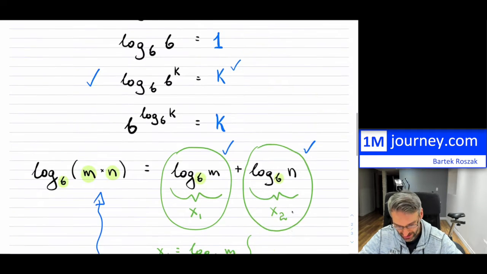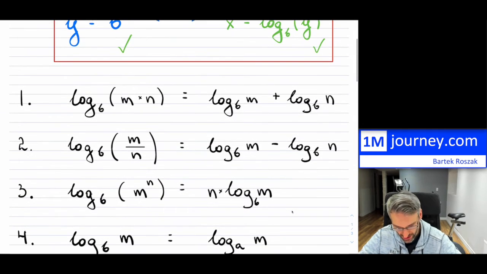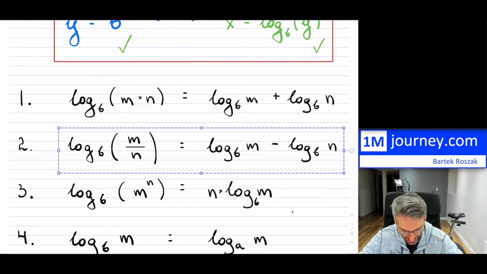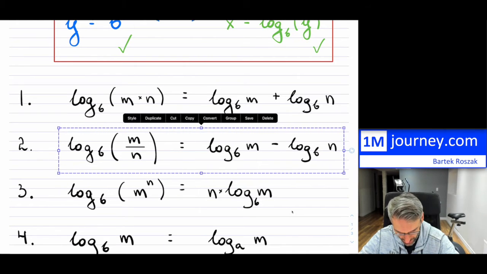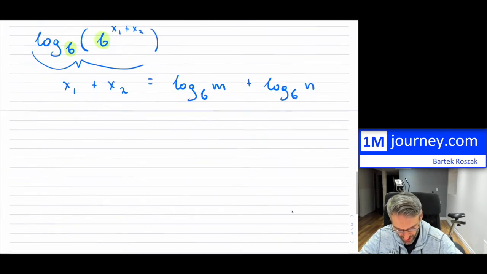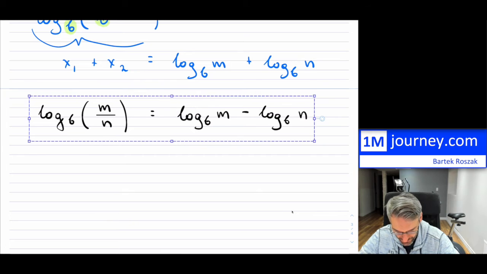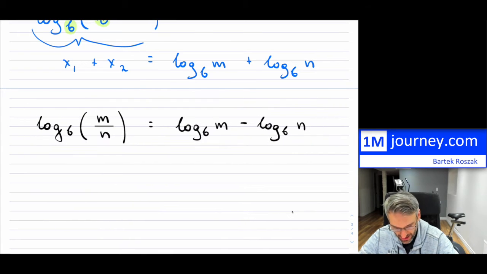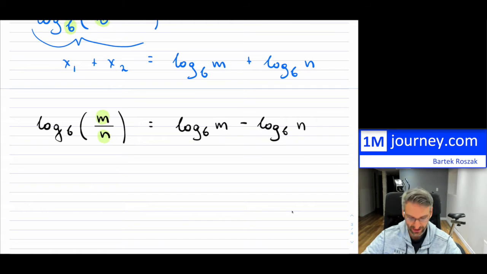Now let's take a look at the second property and see if we can do something of similar fashion. Now in this case, I'm going to copy this, and I'll be using exactly the same type of trick, because now what I have is division right here, m divided by n, and notice the subtraction, and this again should bring you back to exponent rules.